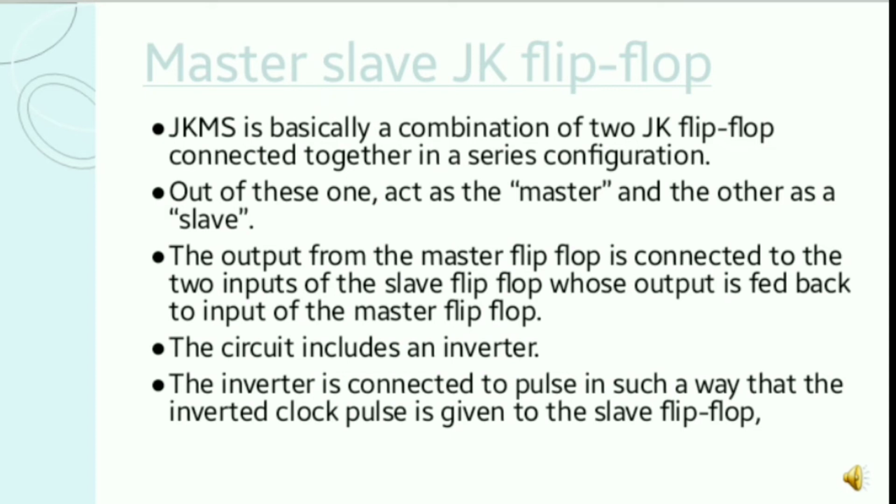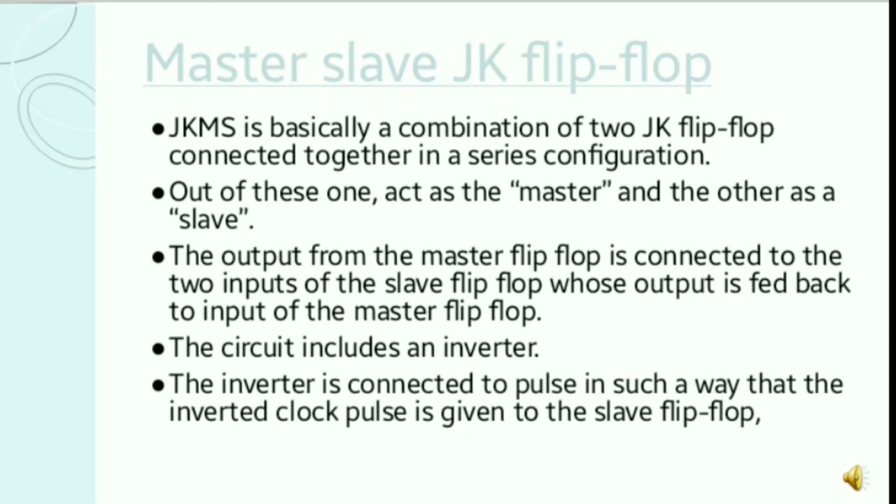Let us know more about the master-slave JK flip-flop. JKMS is basically a combination of two JK flip-flops connected together in a series configuration. Out of these, one acts as a master and the other acts as a slave.